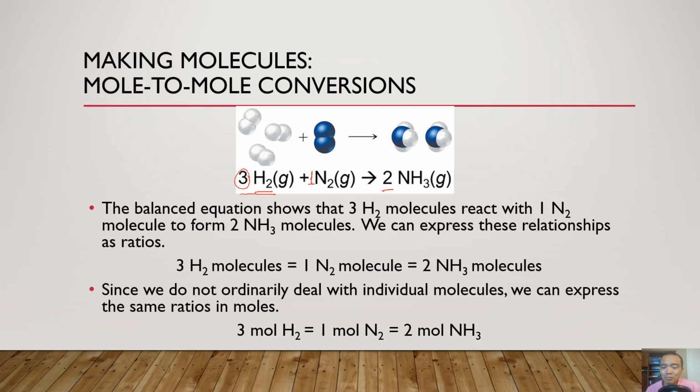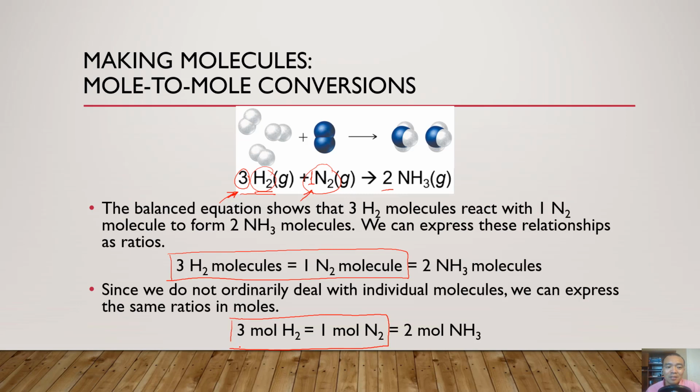If we are looking for the relationship between hydrogen and nitrogen, we do know that would apparently be a 3 to 1 relationship. So you can write this down as 3 molecules versus 1 molecule, or you can write down 3 moles versus 1 mole.